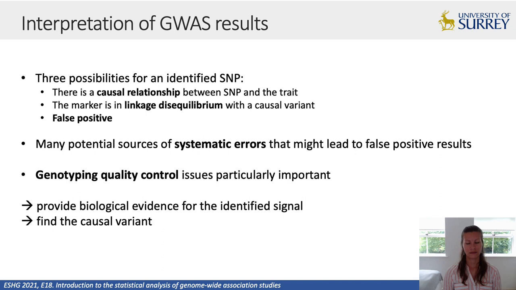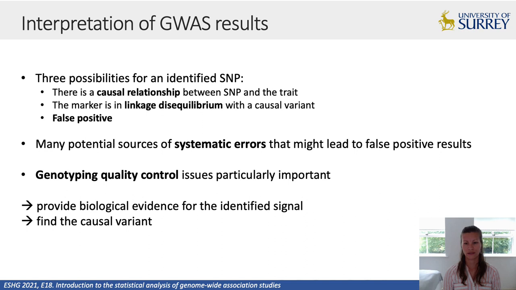Once a significant signal has been identified, there are 3 possibilities for that SNP. Either this is the causal variant for that trait of interest, or as we saw from the locus zoom or regional plot, it could be in linkage disequilibrium with the actual causal variant.